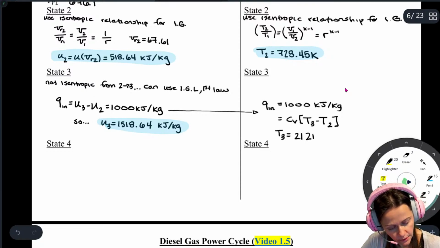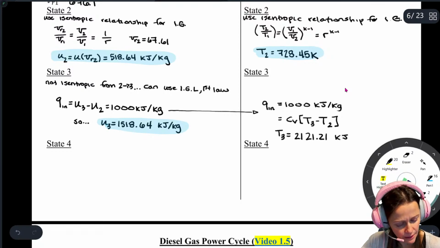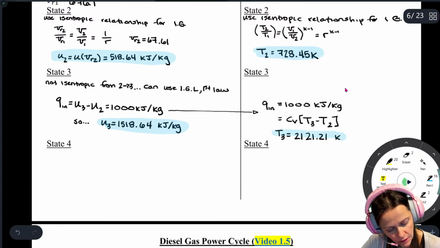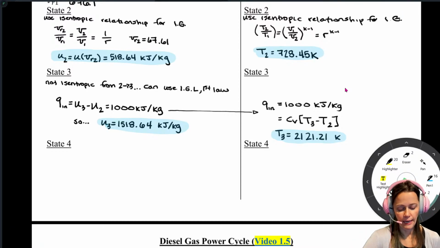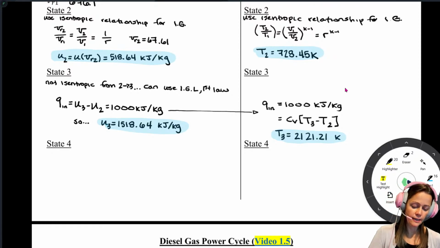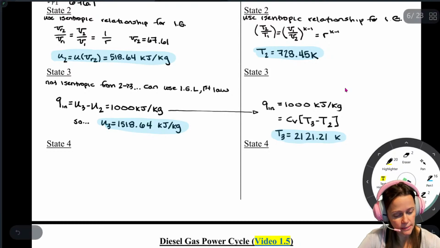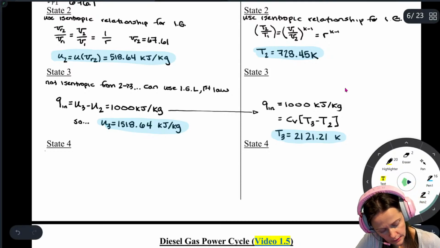That is not kilojoules per Kelvin, it's just Kelvin. Perfect. All right. And then our U4. So over on the left-hand side again, it's an isentropic process from 3 to 4.